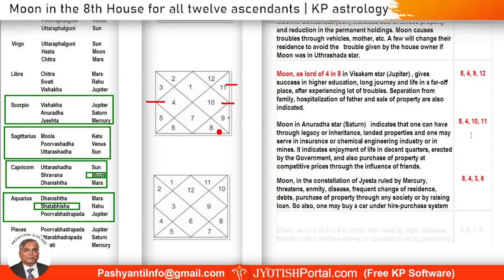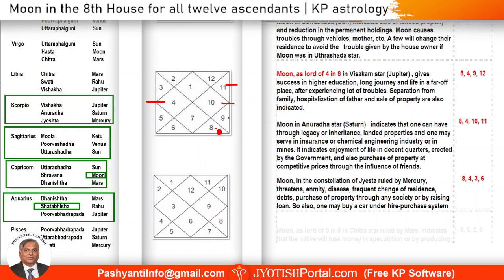And then this particular combination creates many other different kinds of results. So one of the things is that the friends are going to be helpful, because the 11th house is there and it becomes the primary signification. Then the moon in Jyeshtha.